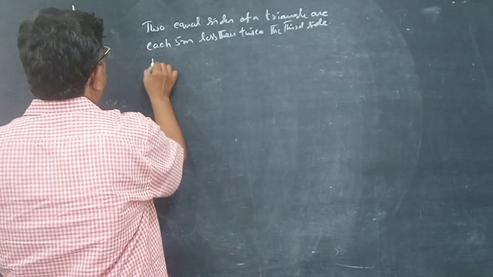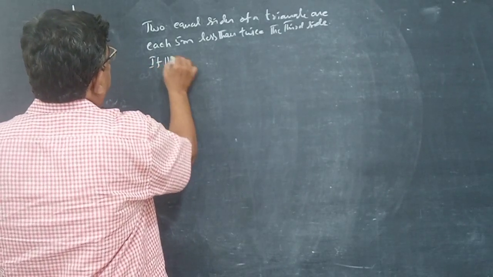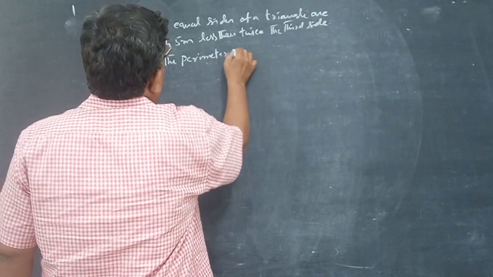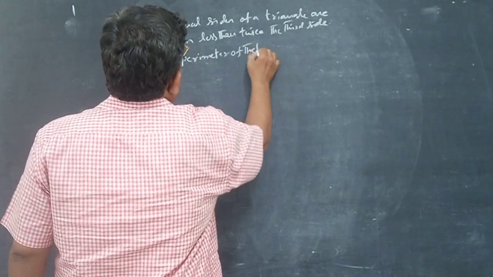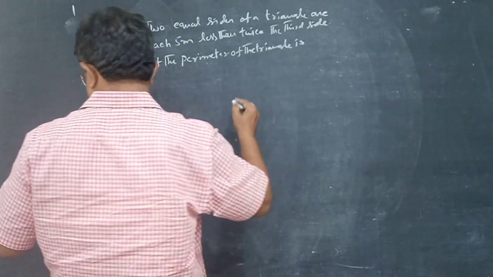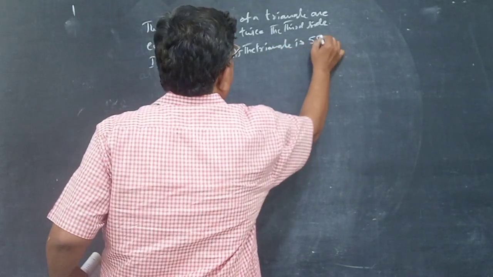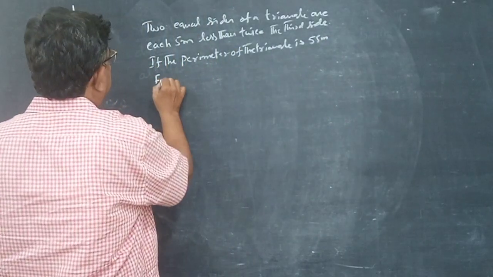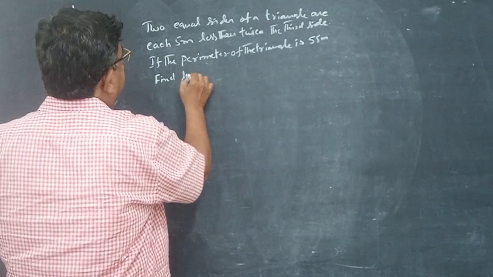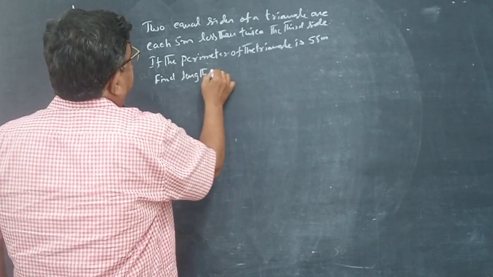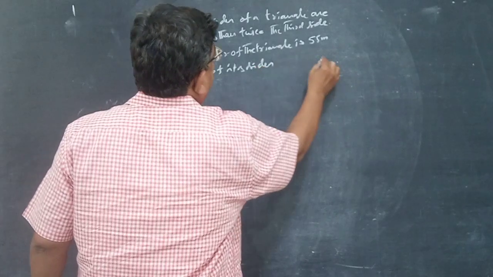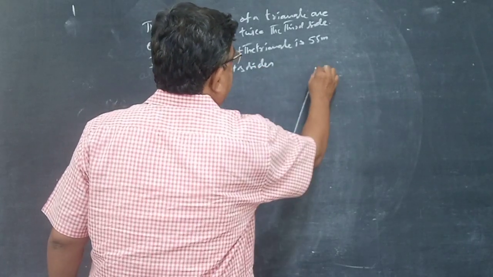Its sides means we want to find the length of the sides of the triangle.